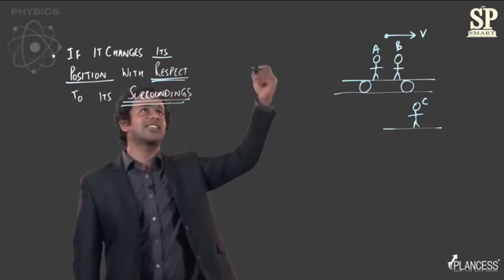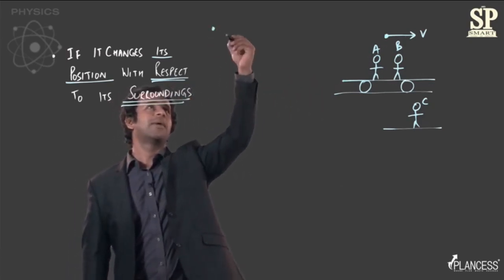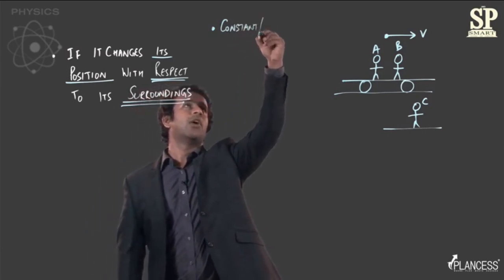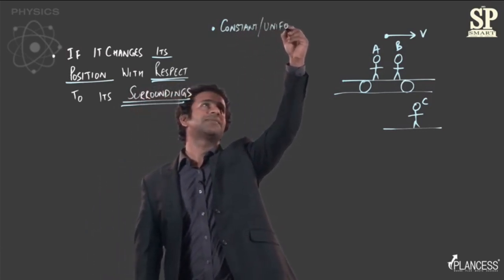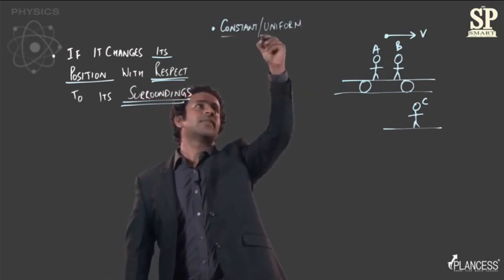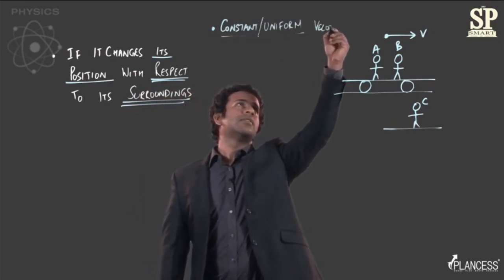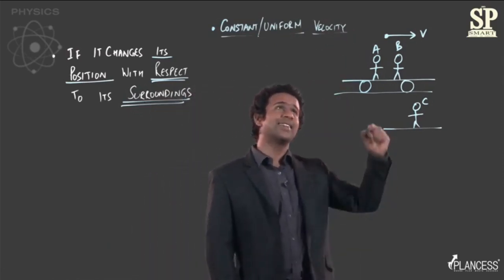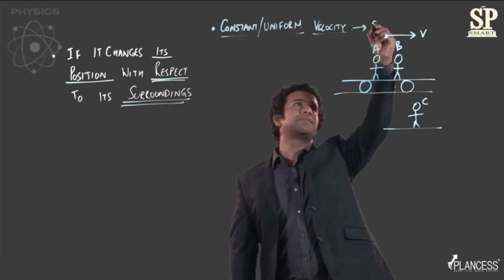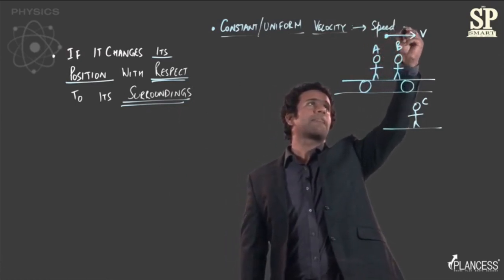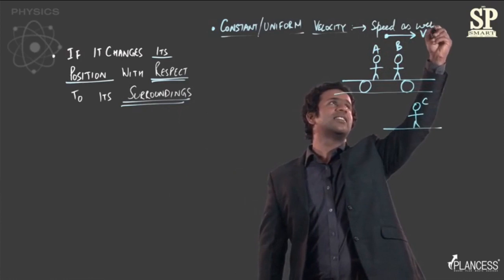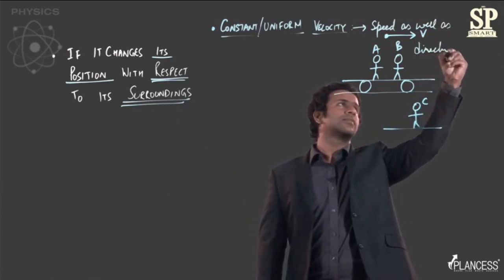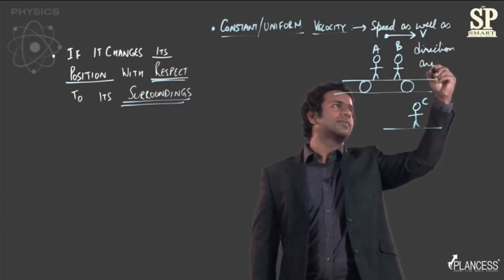We did not discuss this so far, so let me make a mention of this: a constant or uniform velocity implies that speed as well as direction are constant.